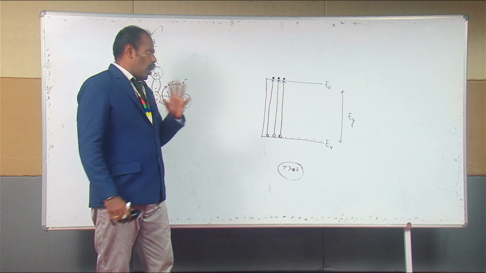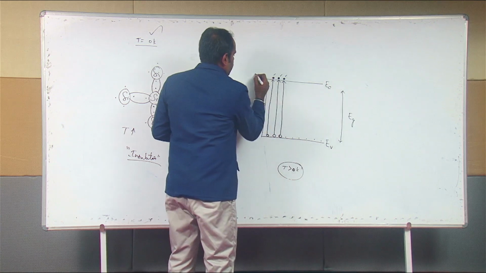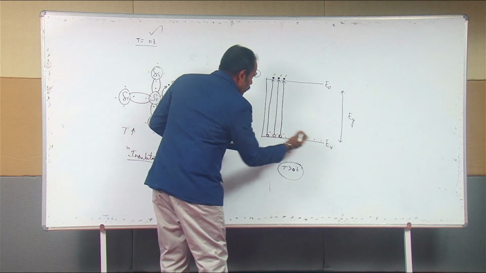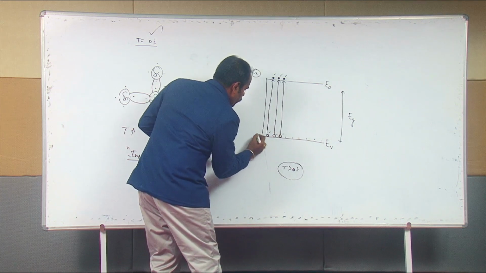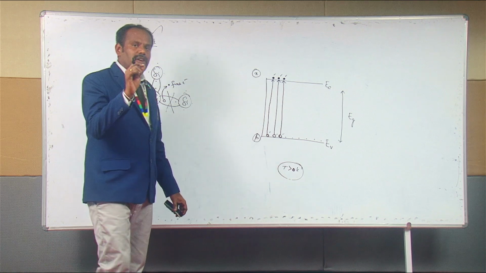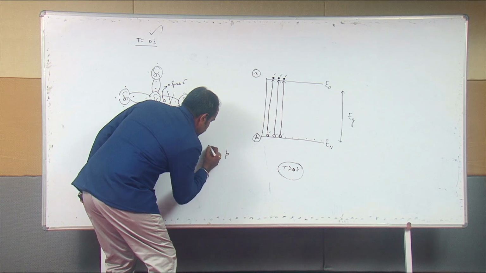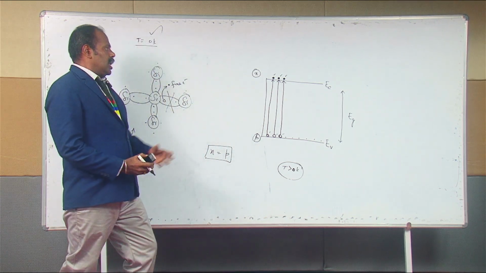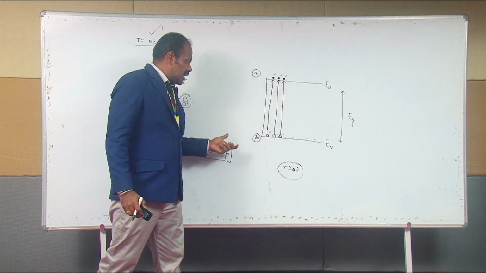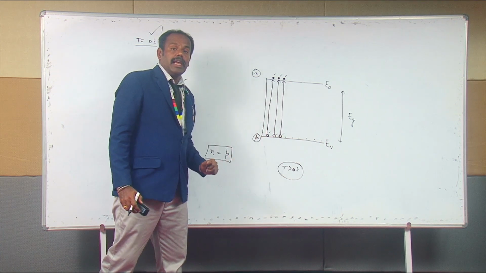If we denote the concentration of free electrons in the conduction band as small n, and the concentration of holes in the valence band as small p, then for the intrinsic semiconductor at a given temperature, small n is equal to small p. That is, the number of free electrons in the conduction band will be exactly equal to the number of holes in the valence band.